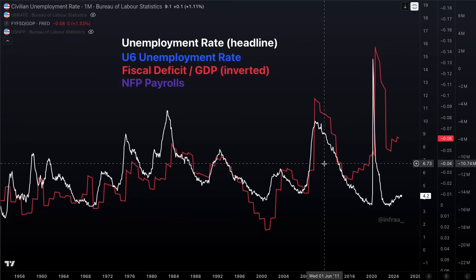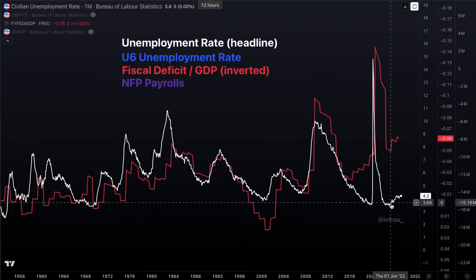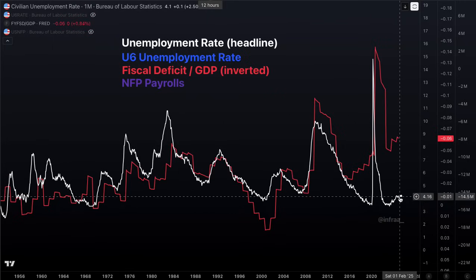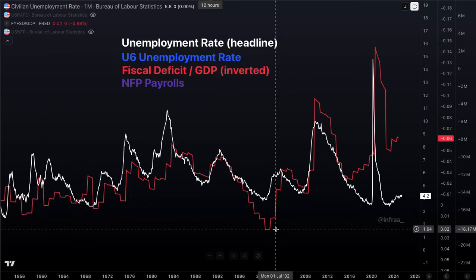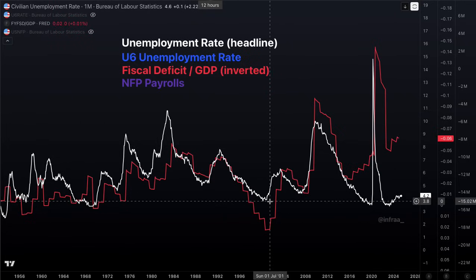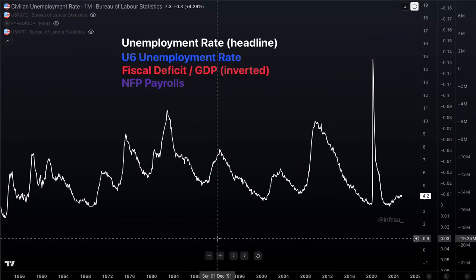Unemployment. I'll also say this. Unemployment has never done a dynamic where it makes a bottom, increases slightly, right? It set a bottom back here in 2023, and has been increasing ever since. It has never done that and not had an exponential rise. I will take off the fiscal deficit to make it even more clear.